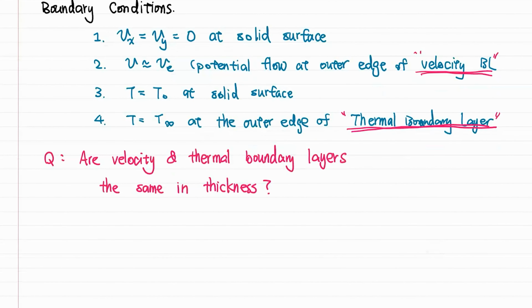How do we answer this question? Well, basically, again, we will come back to some dimensionless numbers. Basically, it's determined by the relative ease of diffusion of momentum versus heat. So if momentum diffuses faster than heat, then you would have a thicker velocity boundary layer.